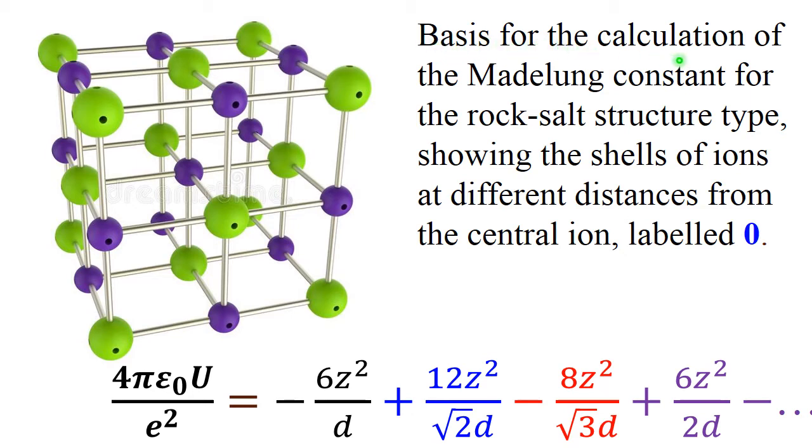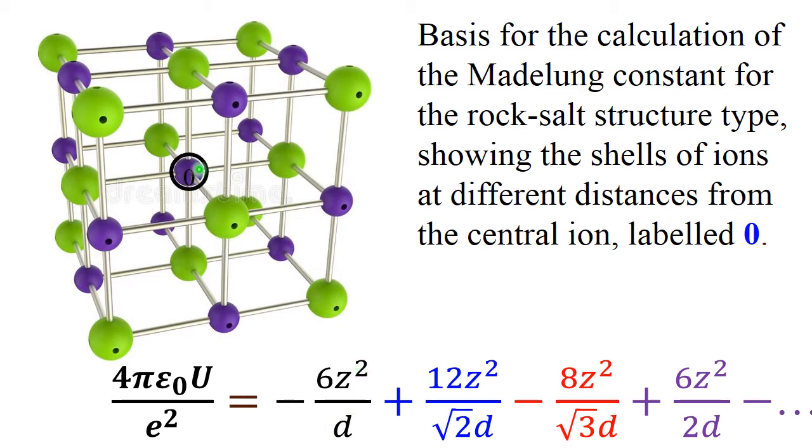The basis for calculation of the Madelung constant for the rock-salt structure type, showing shells of ions at different distances from the central ion that we label 0, is on this animation. Let's look at how it works. So the energy multiplied by some coefficient will be the addition of several terms.